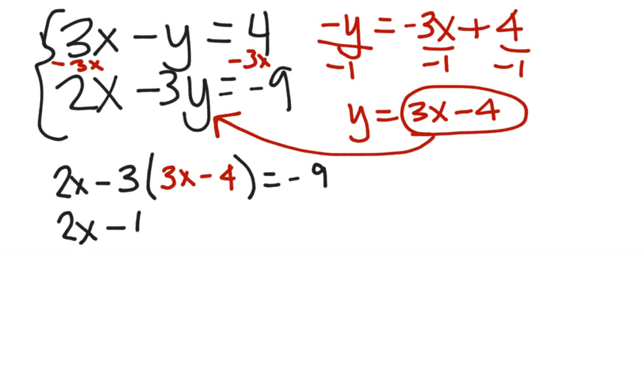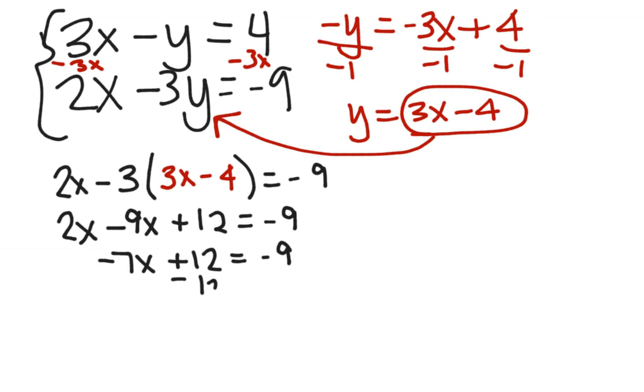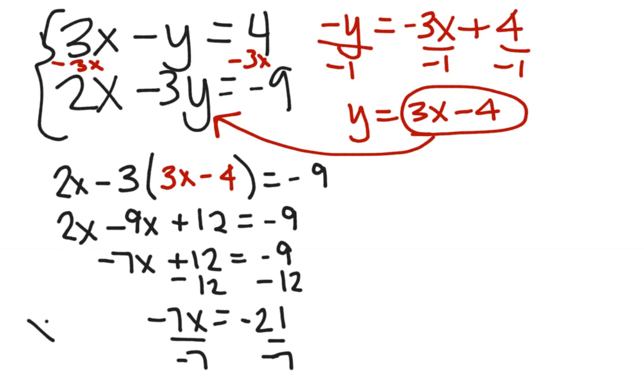That gives me 2x minus 9x plus 12 is equal to negative 9. Collecting my like terms, I have negative 7x plus 12 is equal to negative 9. Subtracting 12 from each side gives me negative 7x is equal to negative 21. Divide each side by negative 7, and x is equal to 3.